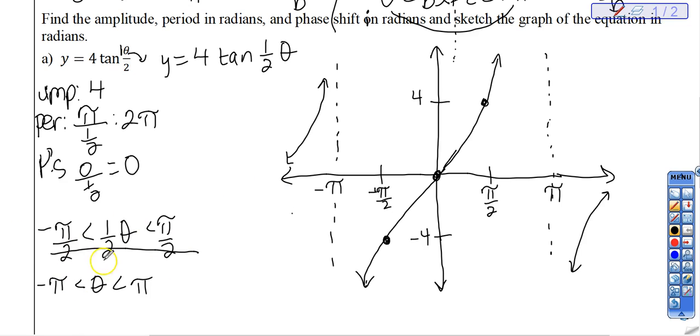I'm using the cycle and my horizontal stretch to find my asymptotes' new locations and then graph them, cut the distance in half, and then cut that distance in half again, and plot my amplitude stretch or compression, whatever it is, hit my 3 points, and then duplicate. Questions?